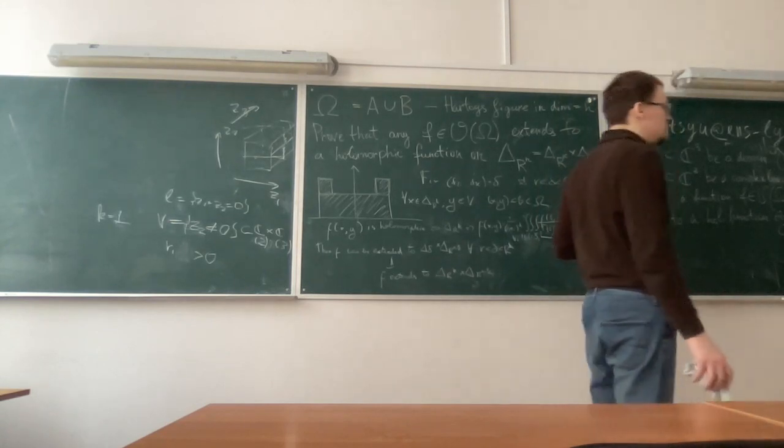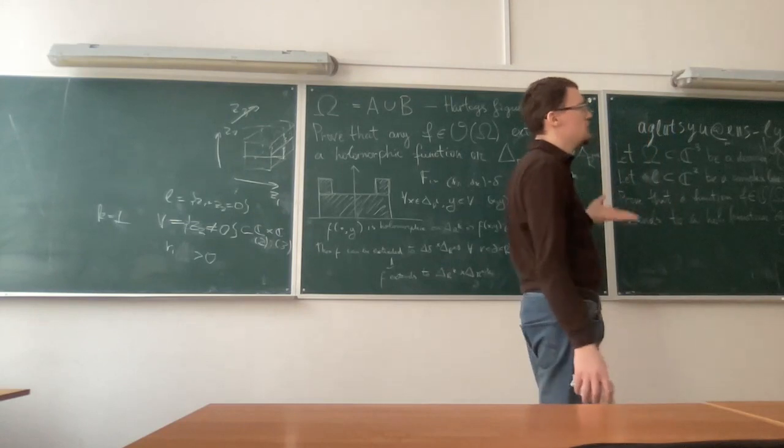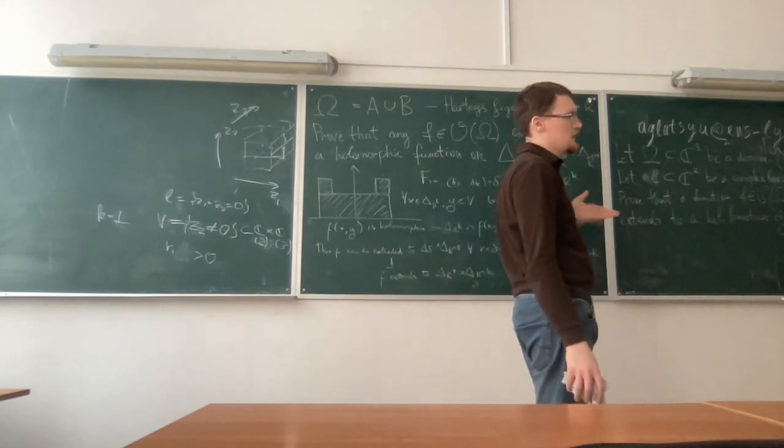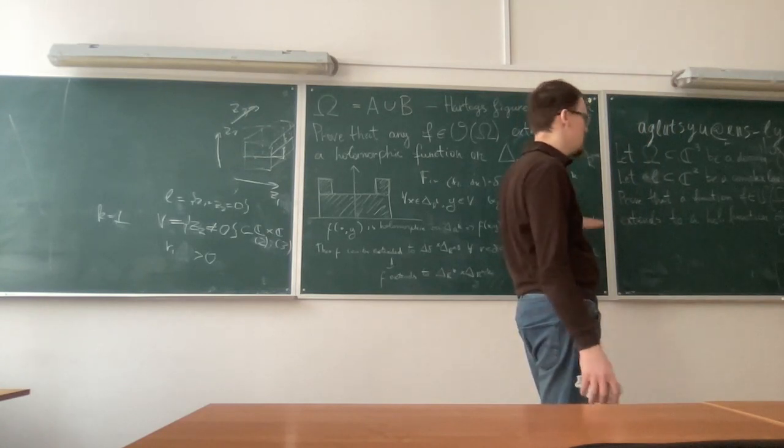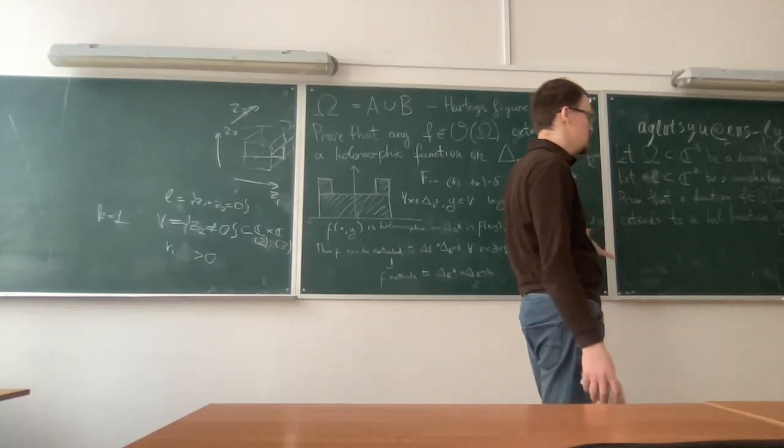So in general, you cannot extend across a hyperplane, because the hyperplane is a set of zeros. Correct, you can take a function which has a pole.